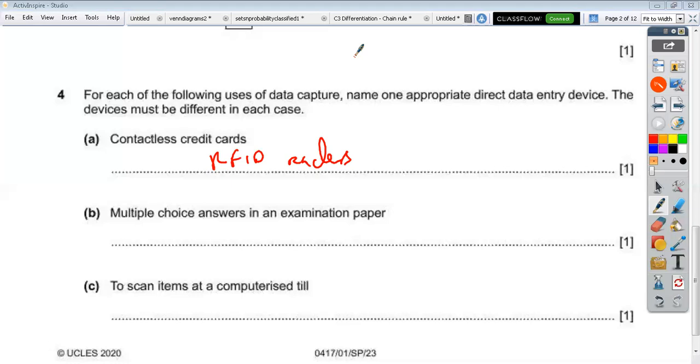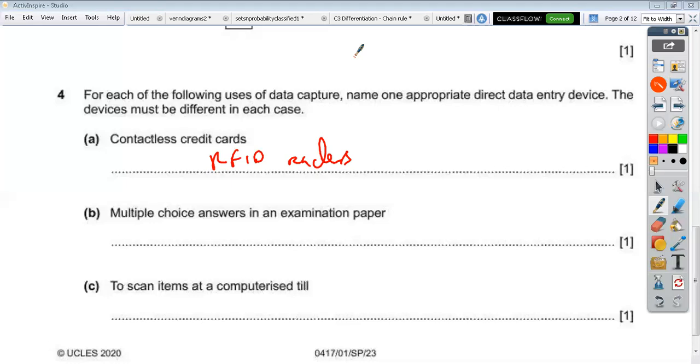Are you in the lesson? I'm asking, what do you use? No one is answering. They're looking for a device that you use to read multiple choice on an exam paper. An OMR device, sir.